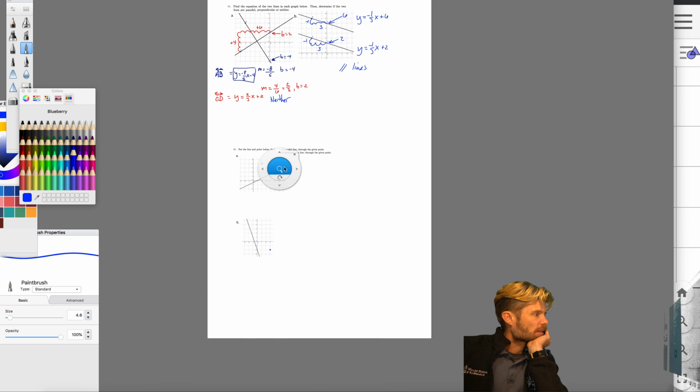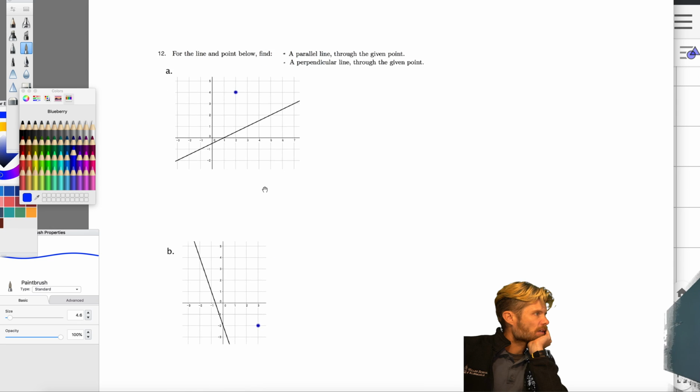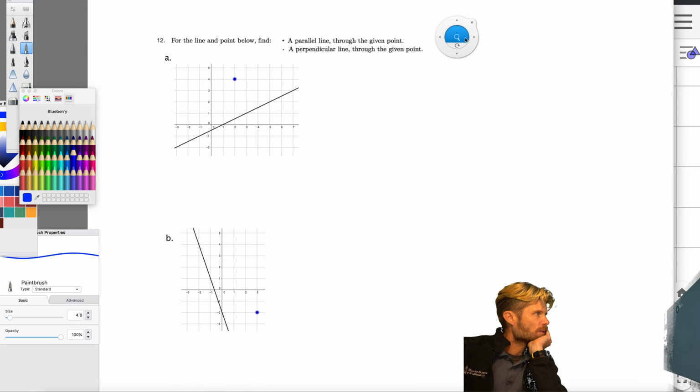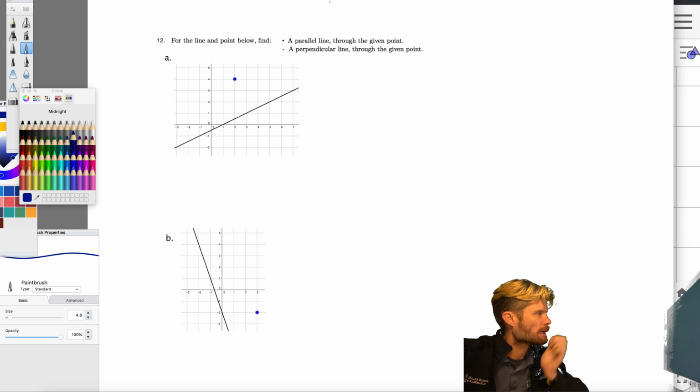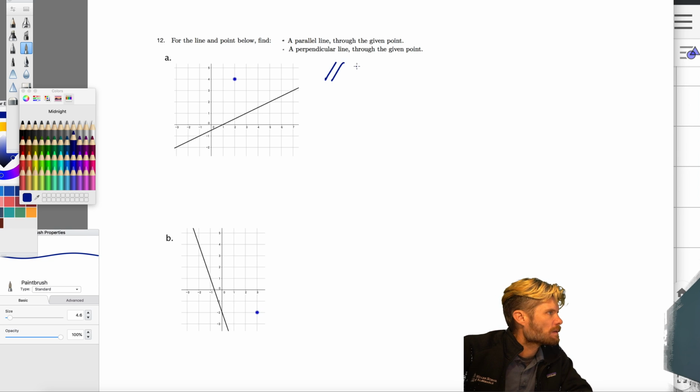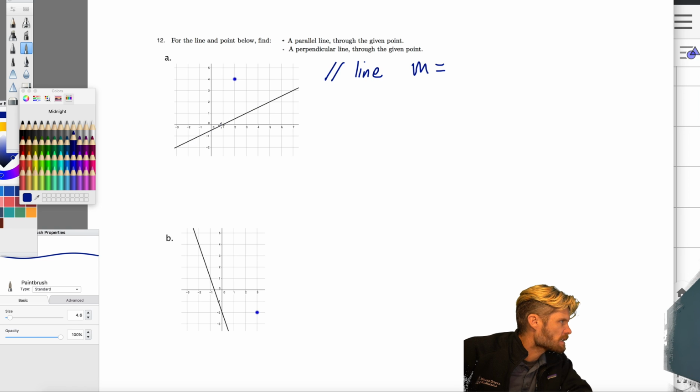Okay, this next one, you have to find a parallel line and a perpendicular line given the point and the line. So let's just do this first one maybe. Let's do the parallel line. So parallel lines have the same slope. So let's just look at what the slope is of this line right here. Let's find 2 points.